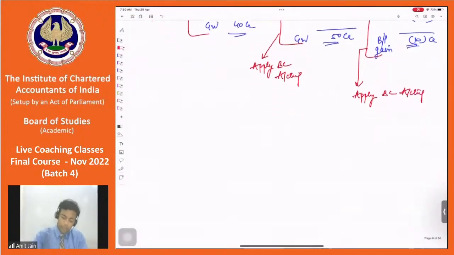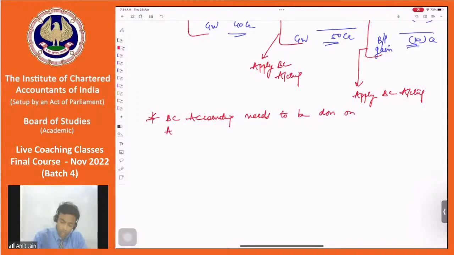That means business combination accounting needs to be done on acquisition date. Acquisition date, transaction by transaction.